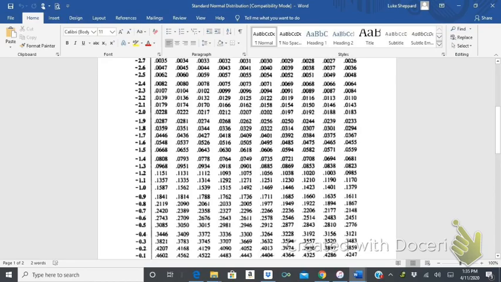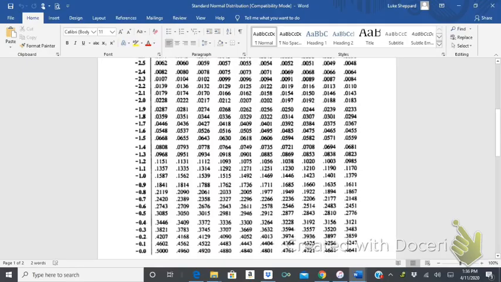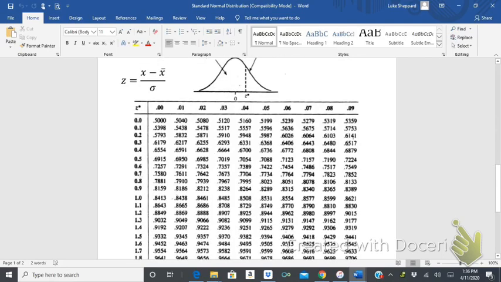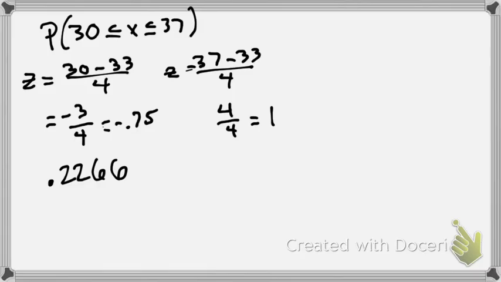And then when I look at 1, we actually already figured out 1 a second ago. When we figured out 1, we found that it is 0.8413. So when we have this, this is going to be 0.8413. Now I'm going to take the big one, which obviously this is the big one, this is the small one.